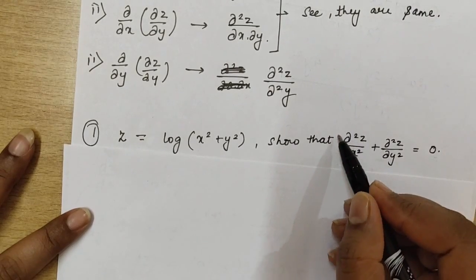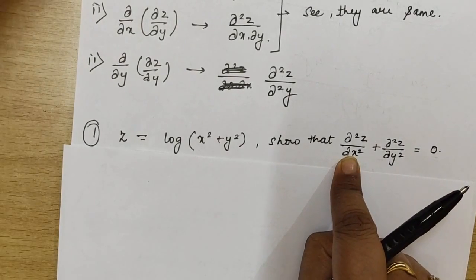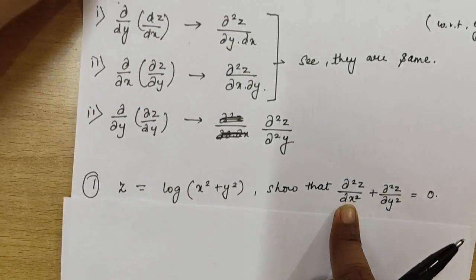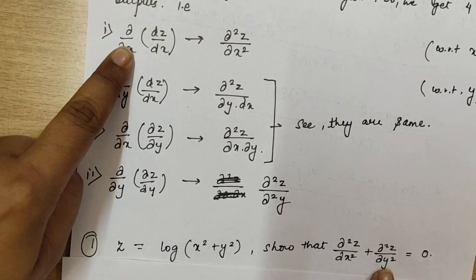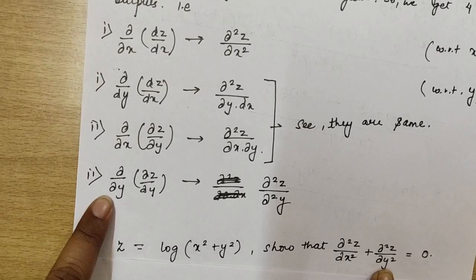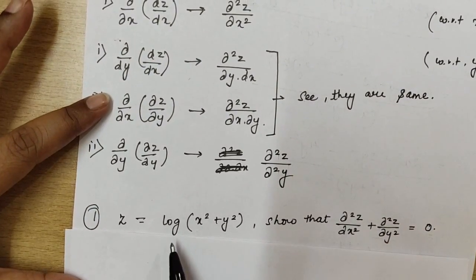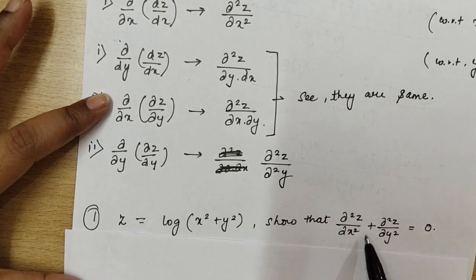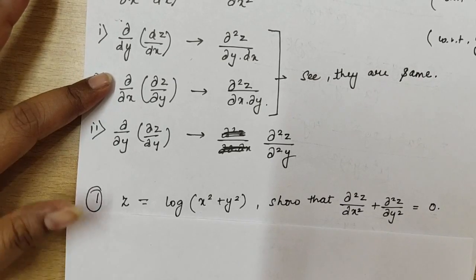You need to see this and this. This is the first one, and this one is with differentiating with respect to y. So, from the question we can understand that we have to differentiate it 2 times. Right? Let us move to the first order derivative first.